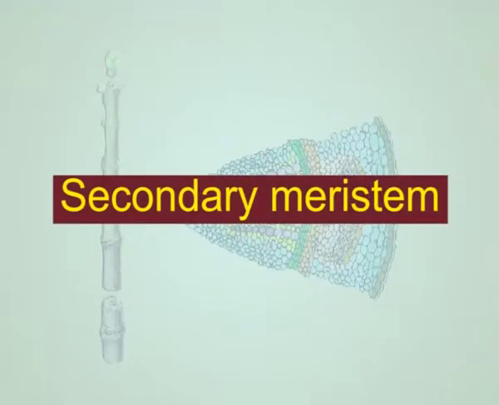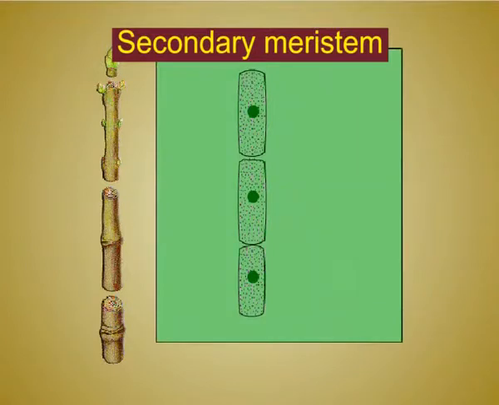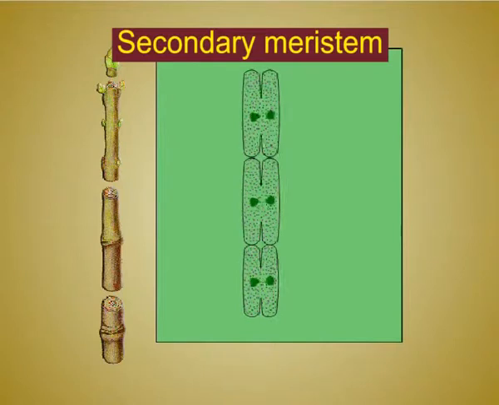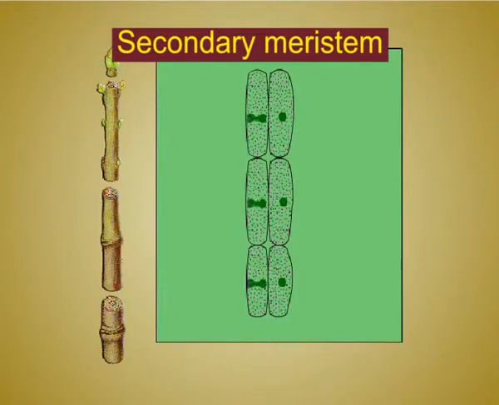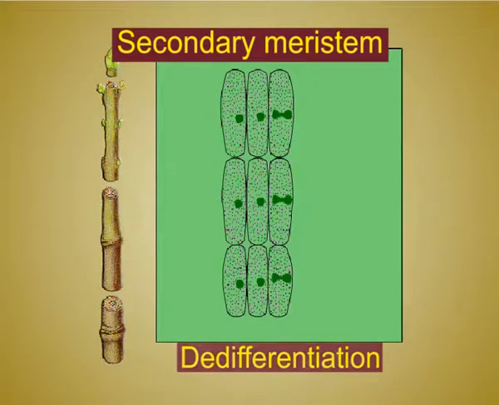The third type of meristematic tissue is the secondary meristem. It is the meristem that appears later in the life of a plant. It develops by a process called de-differentiation in the permanent tissues.